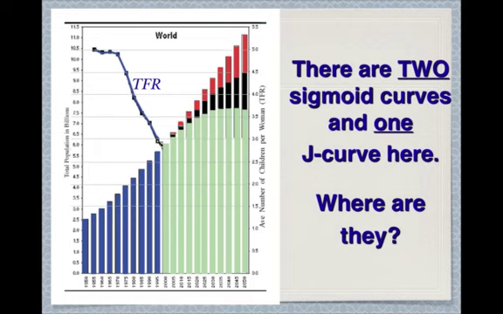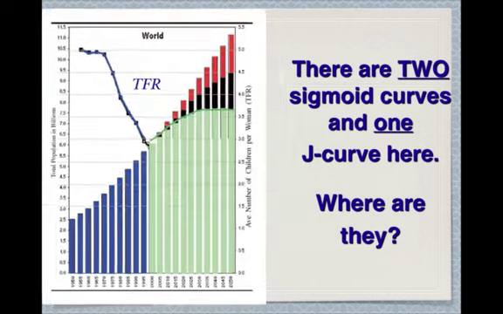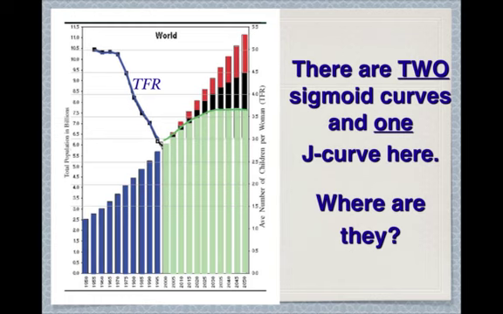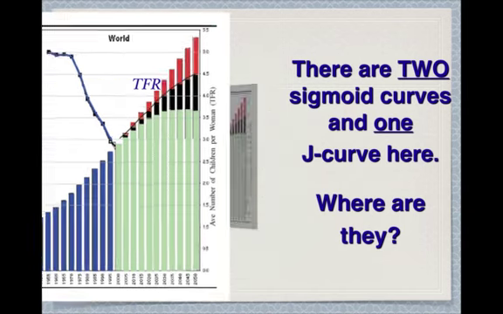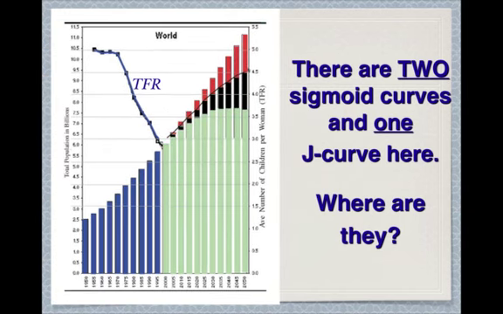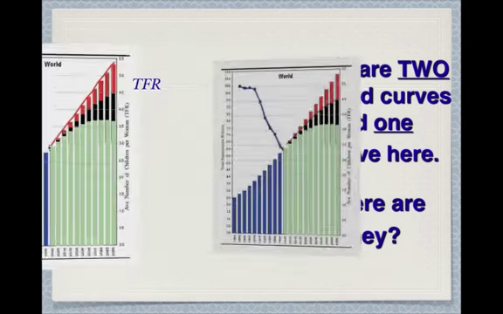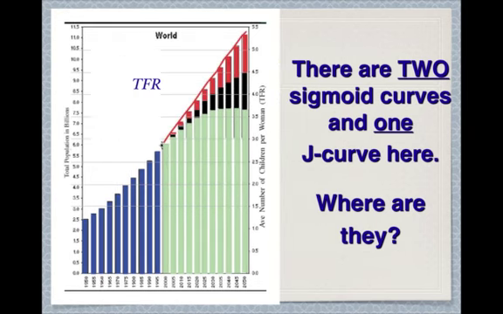Okay, you can see here that we've got 2 S curves and 1 J curve. This is the S curve if we have a low rate of growth. Here's 2.25 children per woman, and here's 2.75 children per woman. That looks about like an exponential curve to me, where we haven't leveled off.